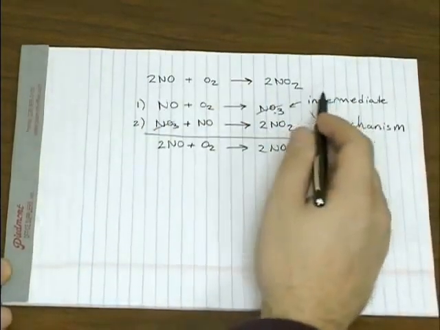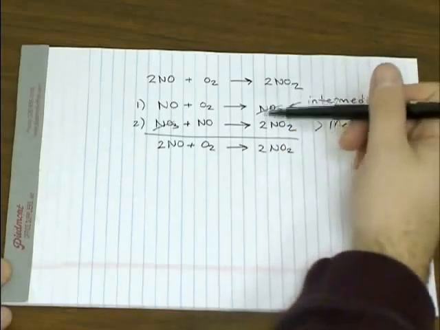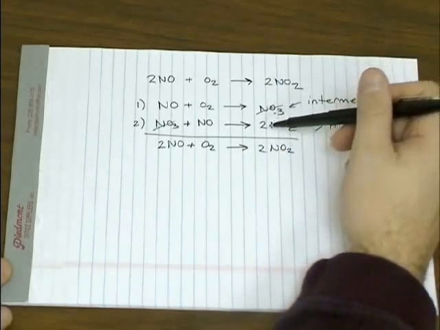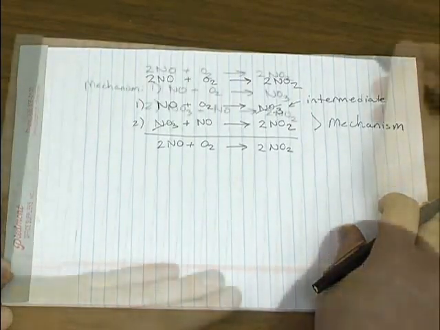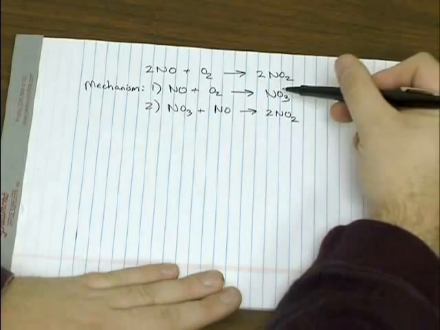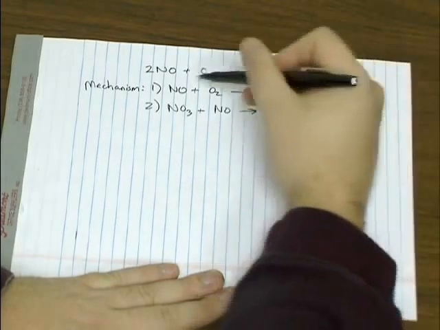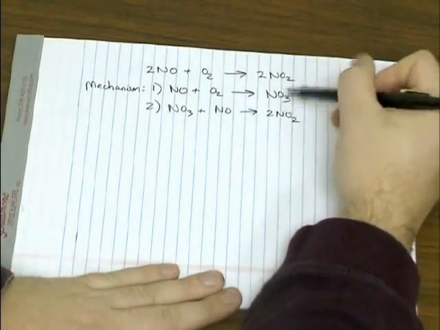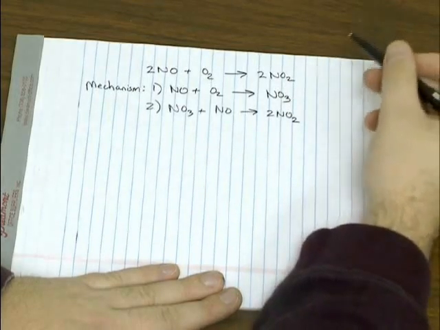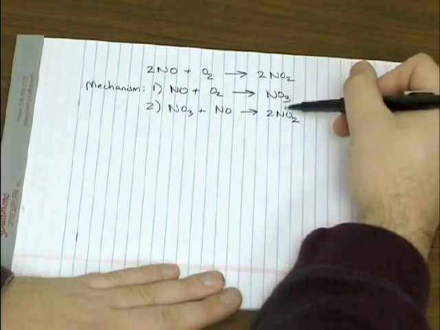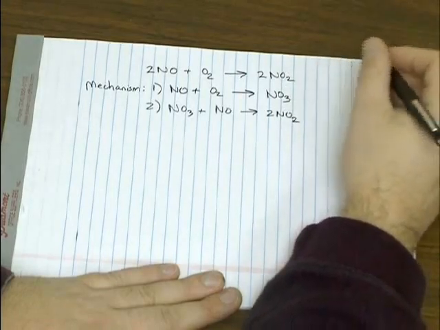Sometimes you can have a one-step mechanism. Sometimes it can be two steps, three or more. Depends on the reaction. So chances are these two steps in the mechanism aren't going to occur at the same rate or speed. One of them is probably going to be relatively slower than the other.